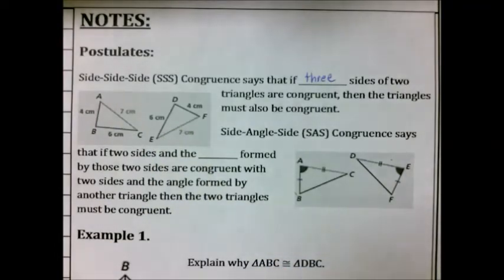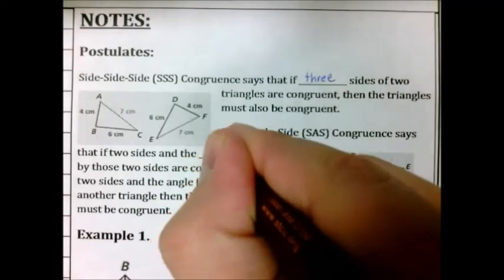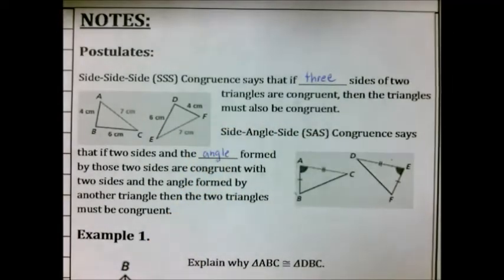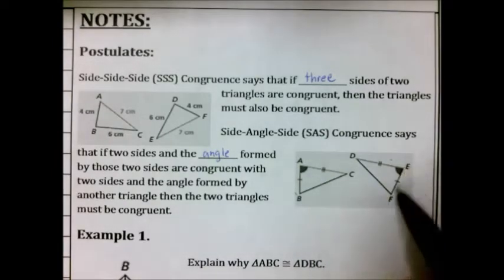Okay. Now, the side-angle-side, that's SAS congruence, says that if two sides and the angle formed by those two sides are congruent with two sides and the angle formed by another triangle, then the two triangles also must be congruent. Okay, and so what we see here is that we've got AB and we've got EF over here.